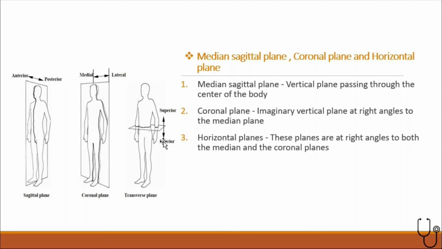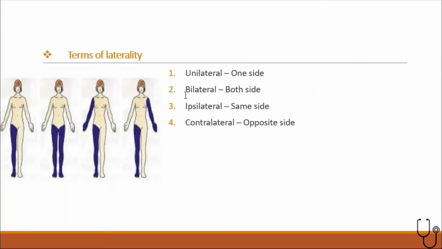Then we will look at the terms of laterality: unilateral, bilateral, ipsilateral and contralateral. What is the meaning of unilateral? You can see in this image, unilateral means one side. Then bilateral means both sides.